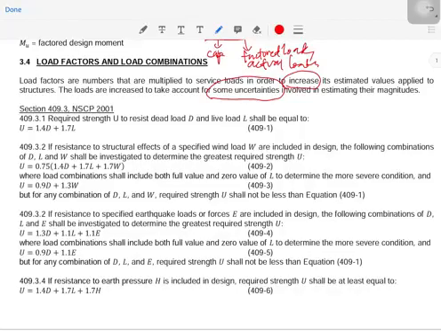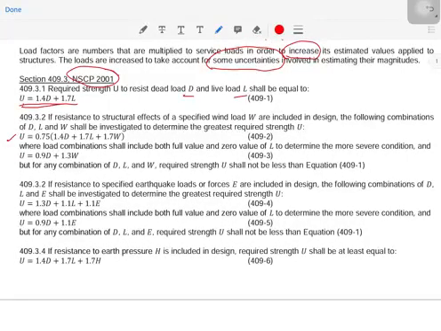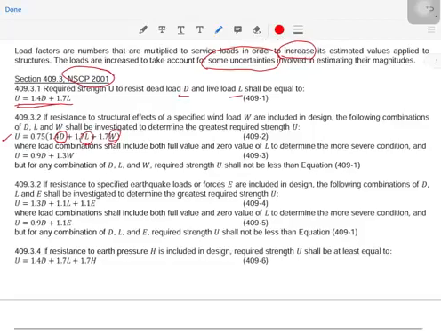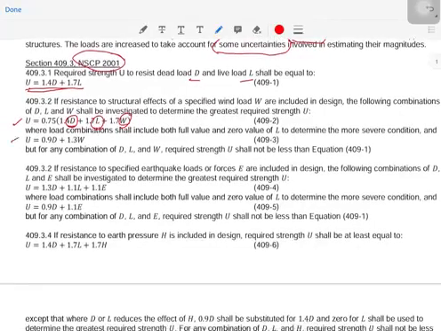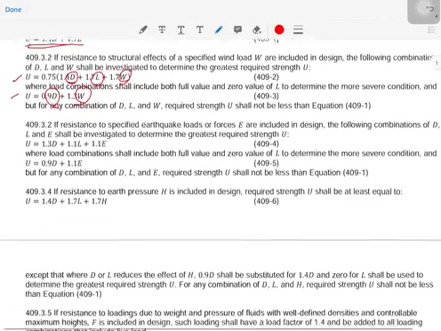Okay, so in NSCP 2001, the required strength U to resist dead load and live load shall be equal to 1.4 dead load plus 1.7 live load. So just follow the pattern here. This one, if it involves dead load, live load, and wind load. For this one, if it involves dead load and wind load only.